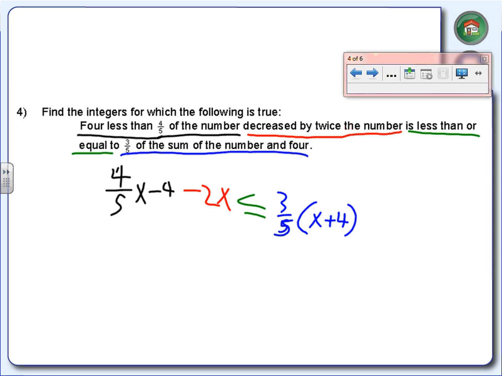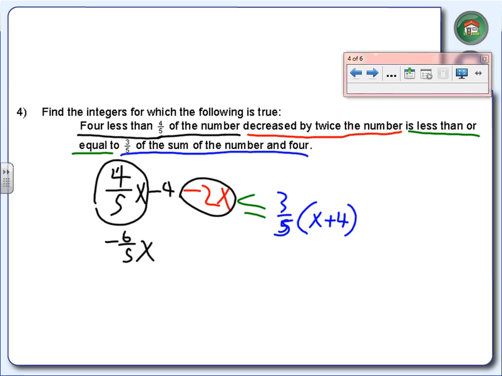All right, so what are we going to do from here? You've got it set up right. Make sure you don't write too big so we can get it all on. Okay. Combine those terms. Okay, when you combine those, you get a negative 6/5 x.